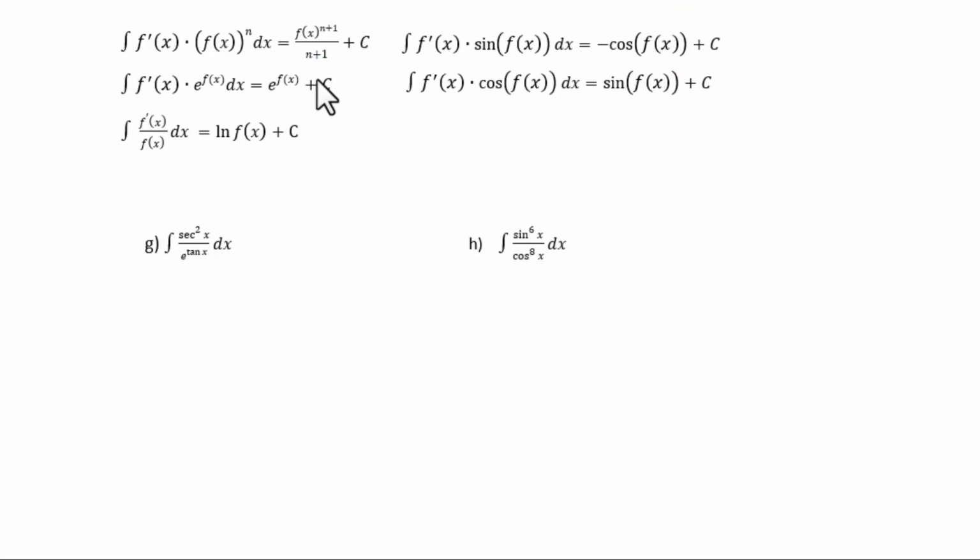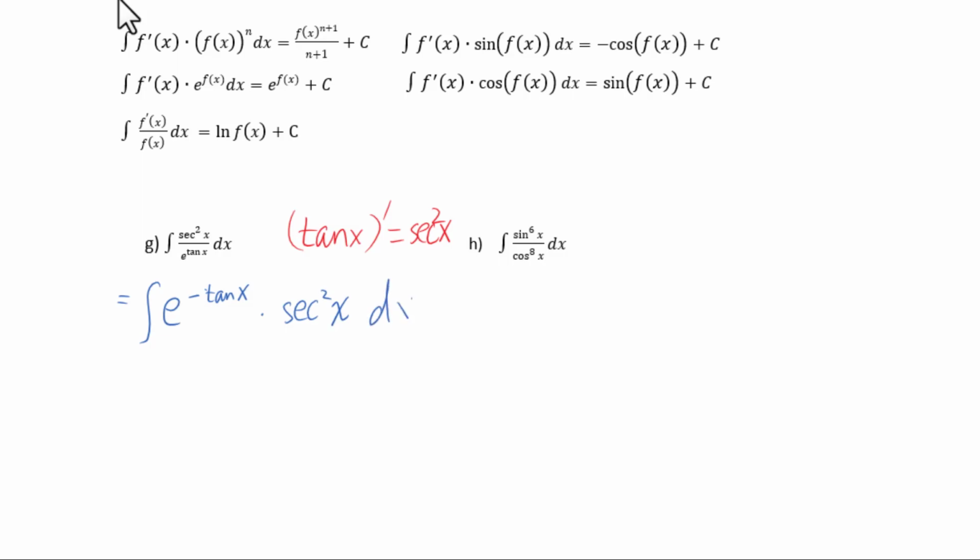Now let's go to G. We do know tangent x, prime, equals secant squared x. We will change this into the integral of e to the negative tangent x times secant squared x dx.